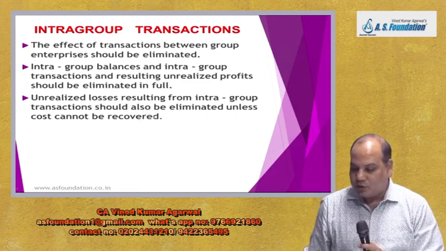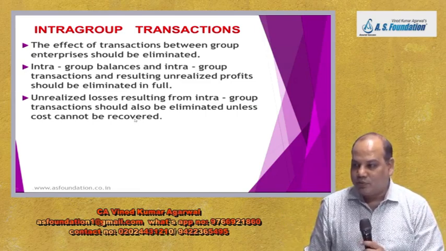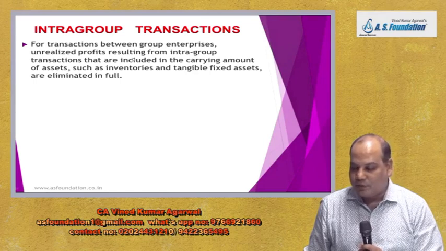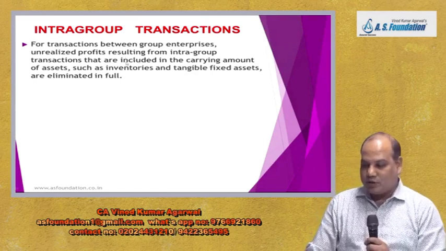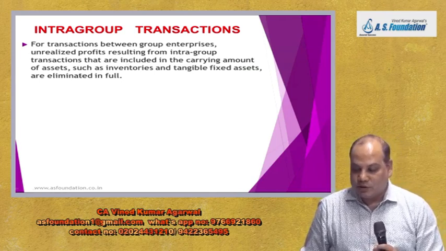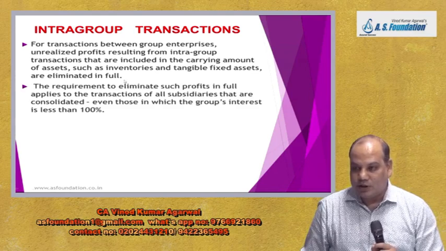But if the market value is higher than the cost, then we have to reverse the loss. For transaction between group enterprises, unrealized profit resulting from intra-group transactions that are included in the carrying amount of the assets such as inventories and tangible fixed assets are eliminated in full.